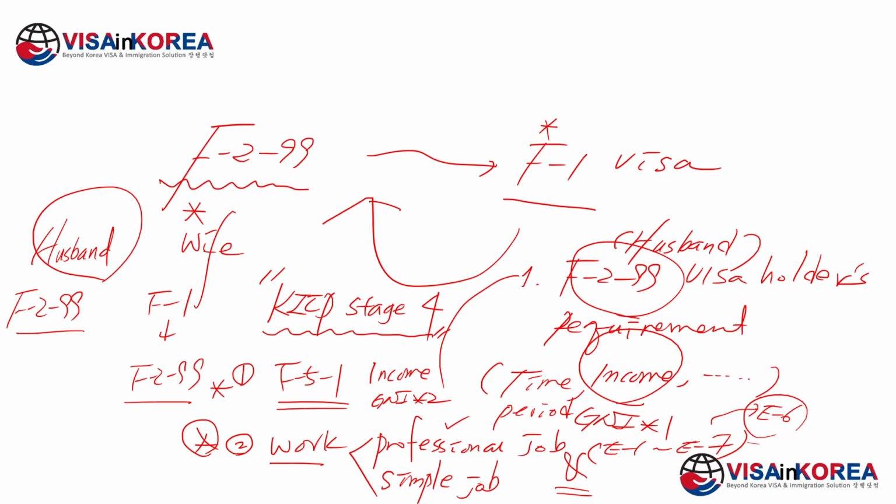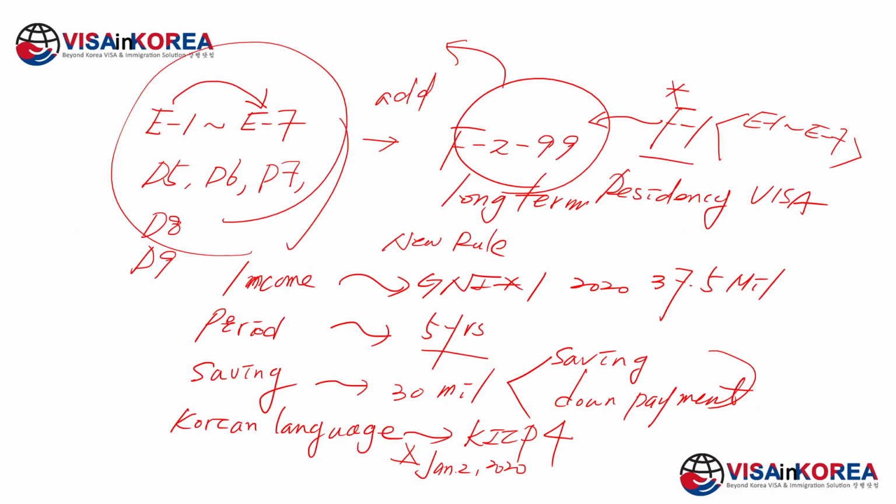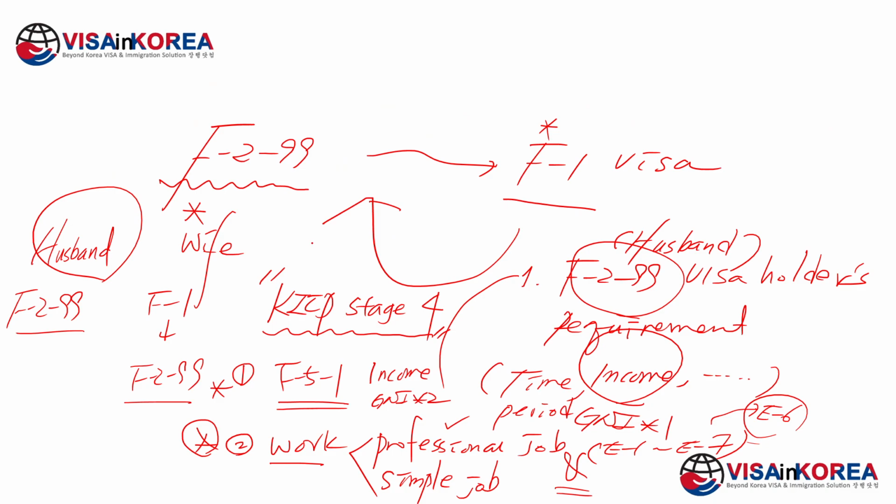Let me make a summary for you. It doesn't matter which kind of visa you have. If your husband has F-2-99 and your visa is F-1, and you complete KIIP stage 4, you have a chance to change to F-2-99, the same visa as your husband.